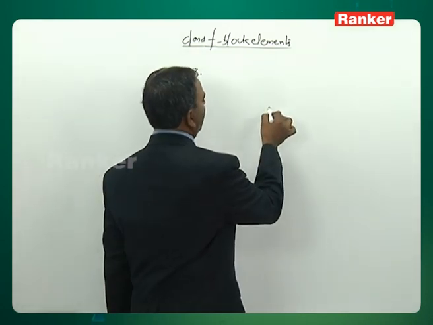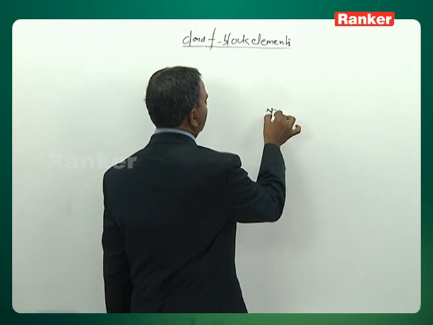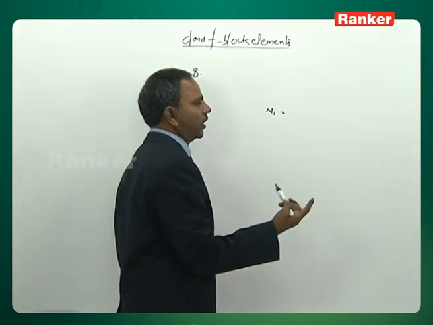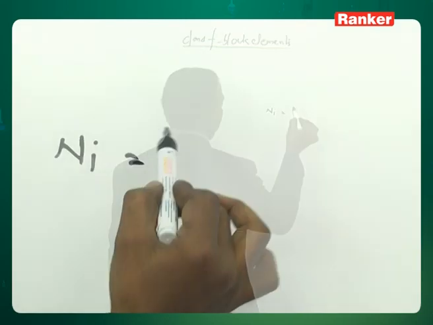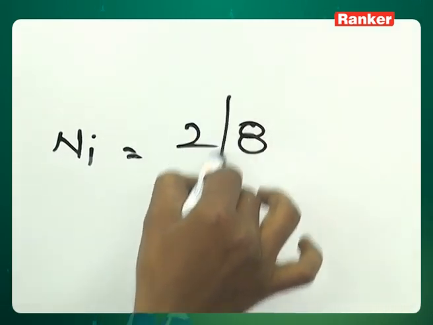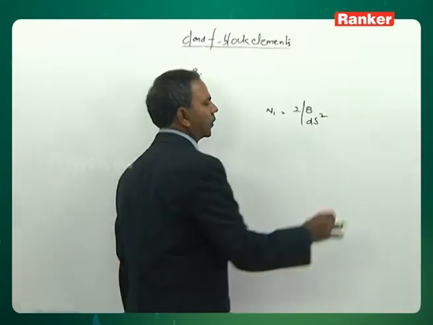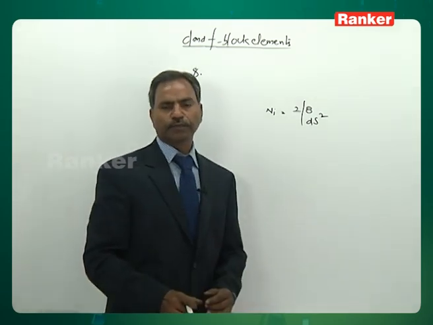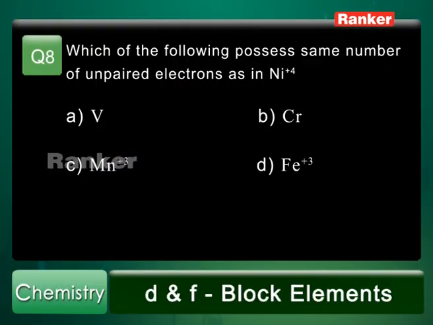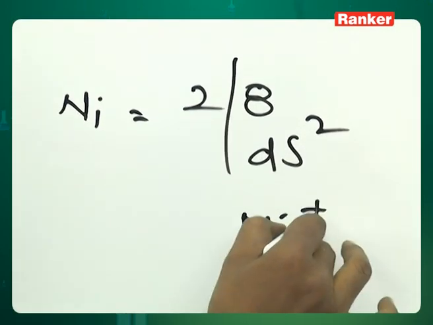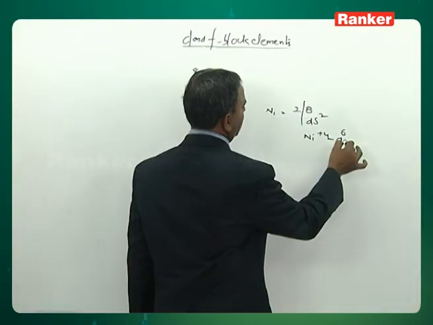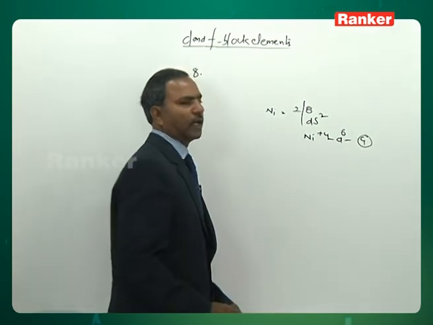I have already given you an easy way of finding the number of unpaired electrons. Nickel is 28; put a line in the middle, then it is d8s2. For Ni+4, 4 electrons are lost, so Ni+4 is d6, which means 4 unpaired electrons.